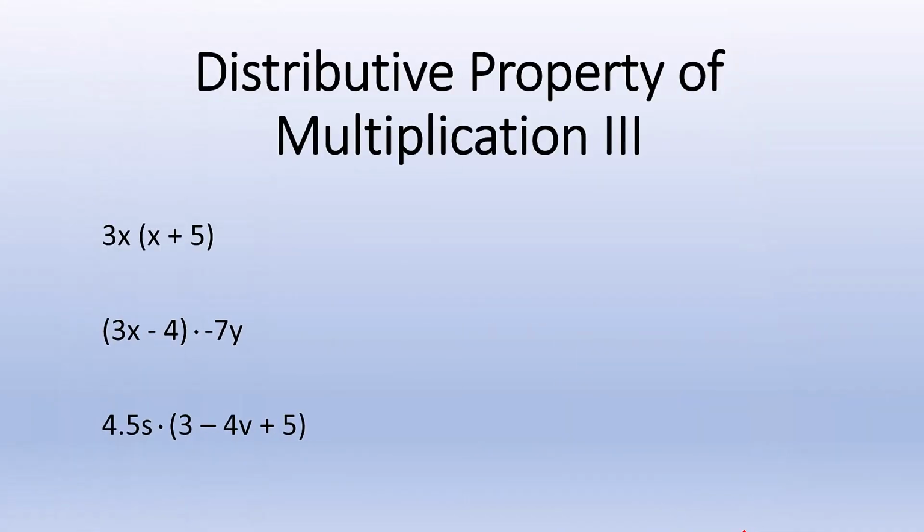In the first example, we have 3x outside of the parentheses, and we have x plus 5 inside the parentheses. So we're going to do 3x times x and 3x times 5. 3x times x will give us 3x to the second power.